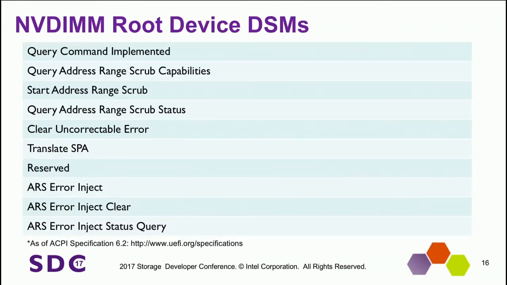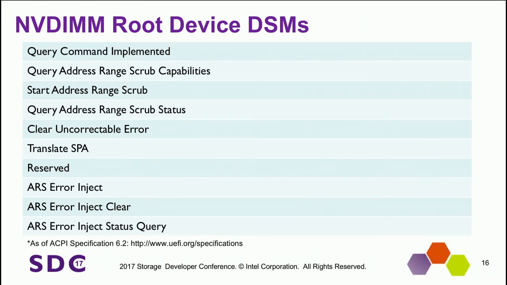With ACPI spec 6.2, we've got some standard DSMs for the NVDIMM root device. So this would be mainly controlling system scope level functionality for all the NVDIMMs in the platform, such as address range scrub. ARS, or address range scrub, allows the platform to communicate memory errors to the system software, which will allow the software to prevent access to addresses with uncorrectable errors.